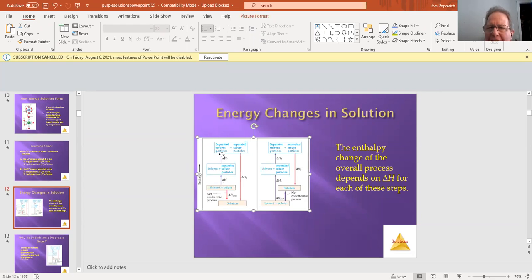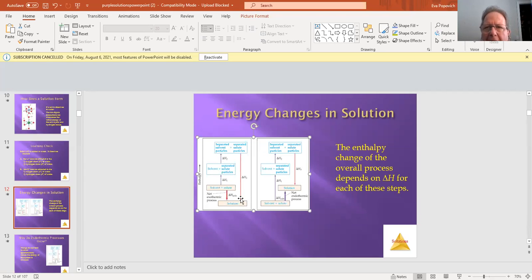Those are both endothermic. If I then am able to put the solute in between the solvent, that is going to be exothermic. If the overall energy change of putting the solute in the holes is greater than separating the solute and separating the solvent, I am going to have an exothermic reaction.